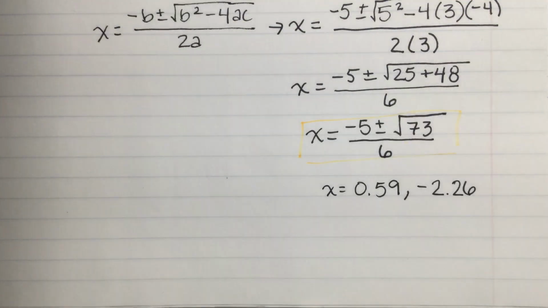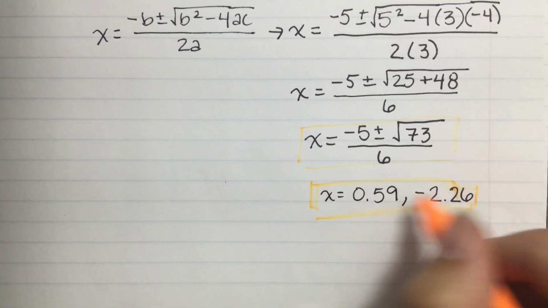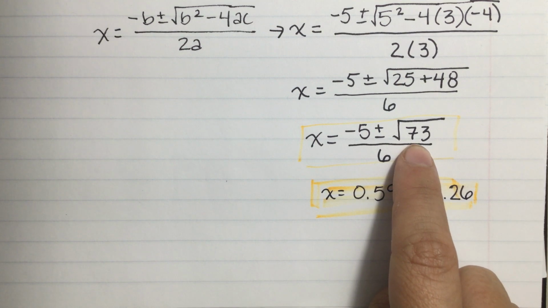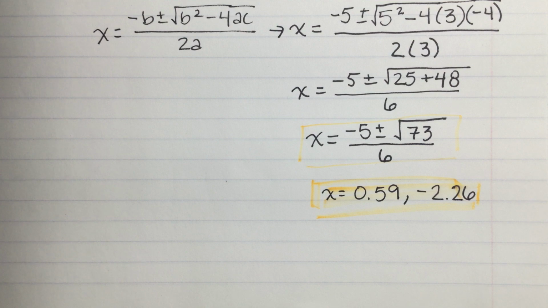Okay, so those would be my 2 roots. So essentially all you're doing is simplifying, and the reason I taught you simplifying radicals is because you could also try and simplify this radical. 73 doesn't actually simplify, it is a prime number, so it would stay exactly as it is.